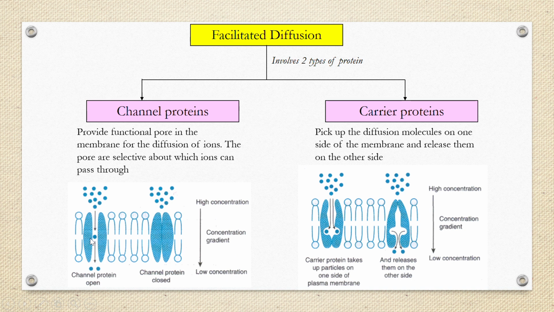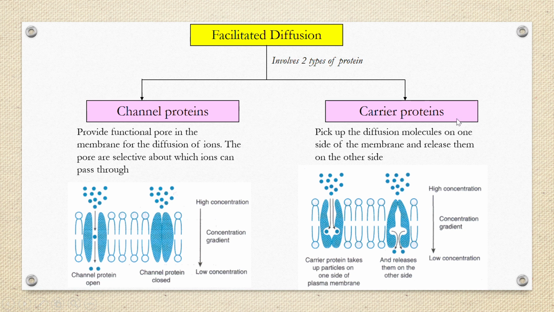It is selective to ions. They cannot just pass through the phospholipid bilayer, but must go through the bridge. The channel protein will open because it is selective to the charges of the ions that can bind, and they pass through the bridge, and that is when the channel protein is open.